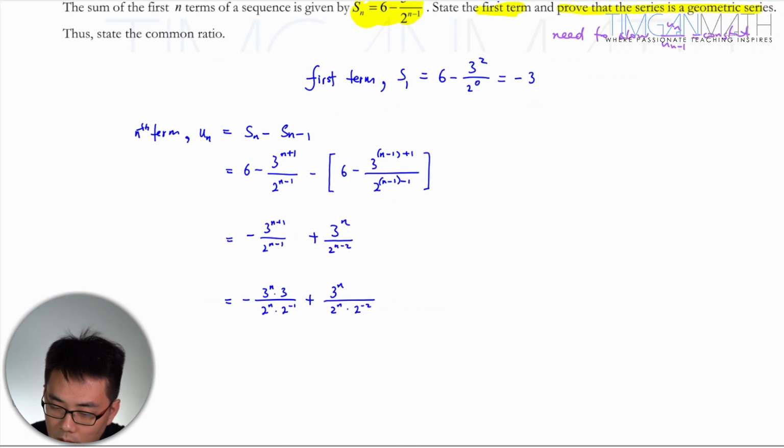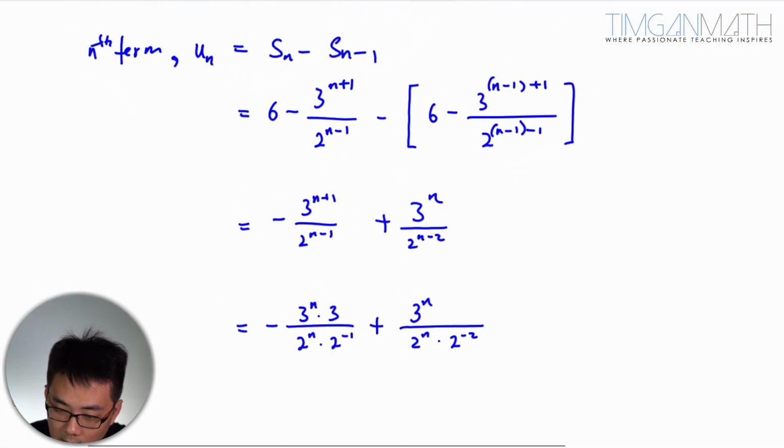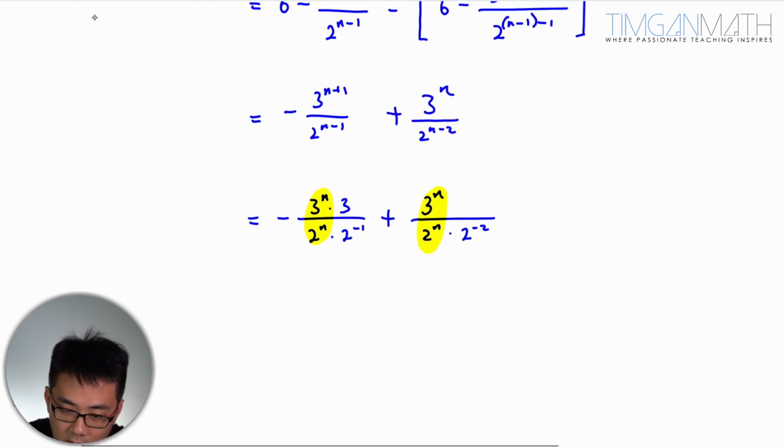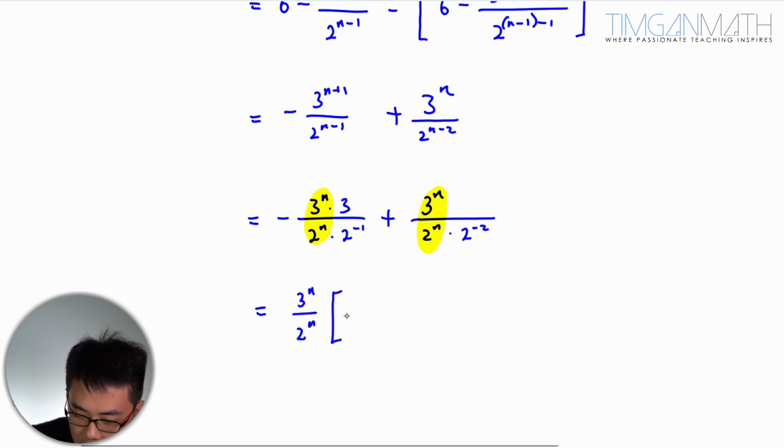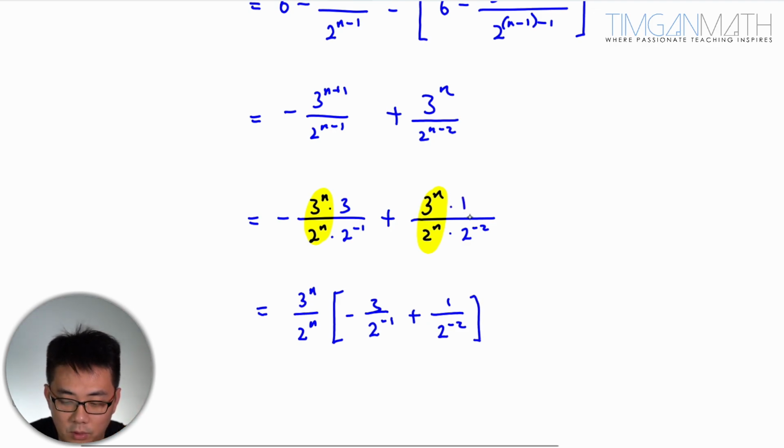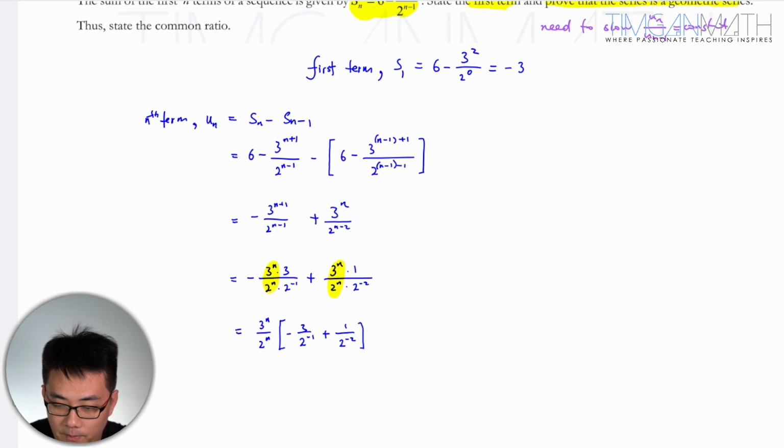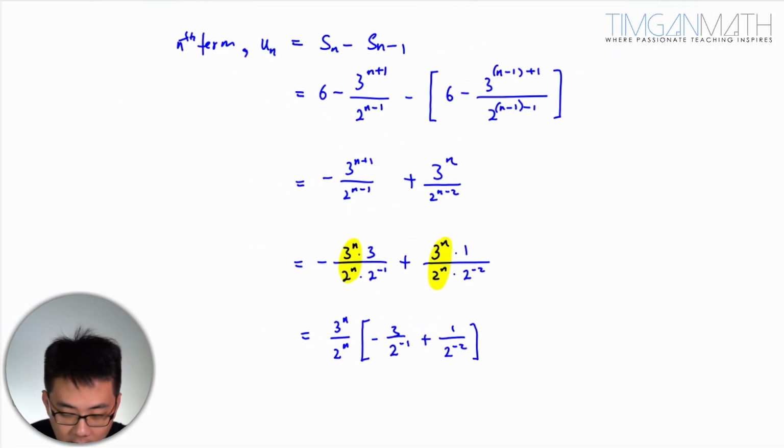Take note, we could factorize this out. Just factorize it out, then just use the calculator. You can just do this 3n over 2n, I factorize it out. Remember there's a 1 on top, so when you factorize this out, this one is left below. Then you just key in the calculator.